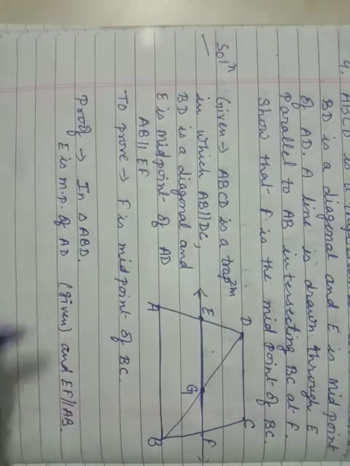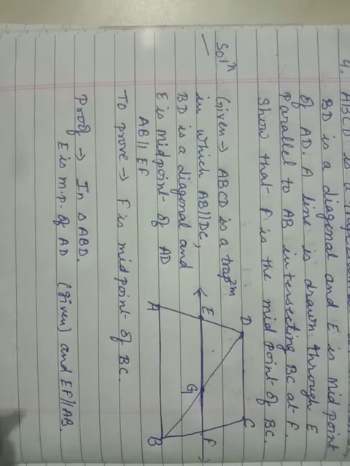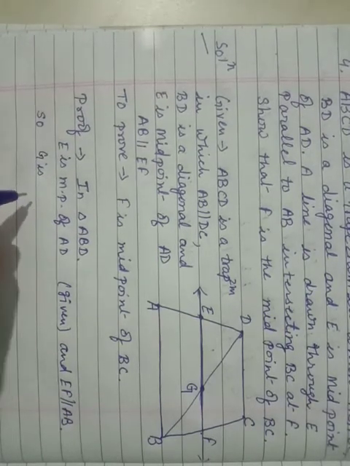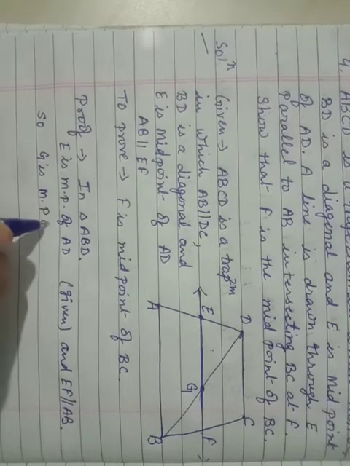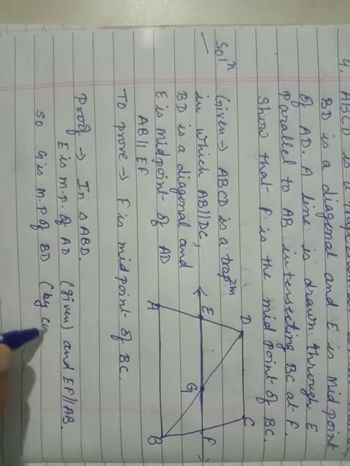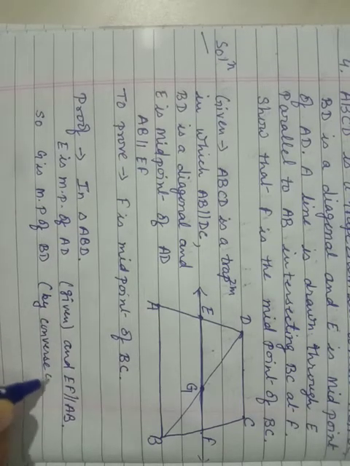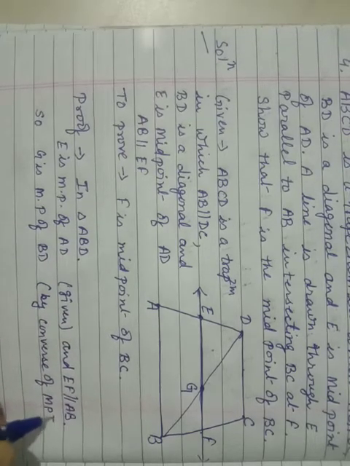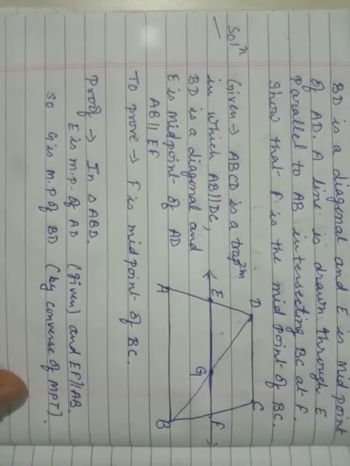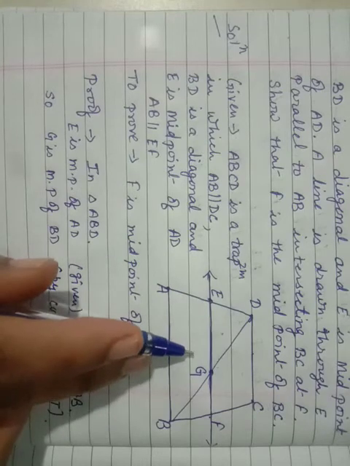It means EG is also parallel to AB. So G is the midpoint of BD by the converse of the midpoint theorem. By the converse midpoint theorem, G is also a midpoint.